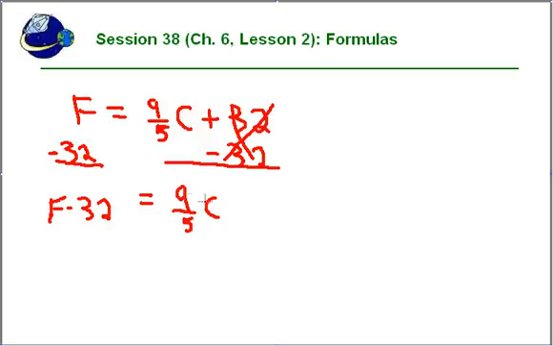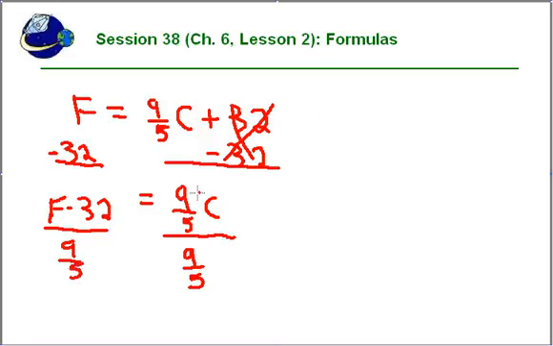What's happening? It's being multiplied by 9/5. So in order to undo that multiplication, we need to divide both sides by 9/5. Now, in order to do this, you need to remember something about dividing fractions.